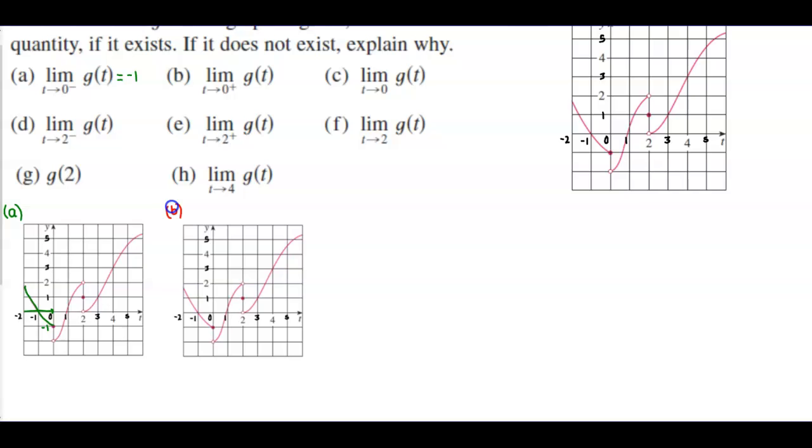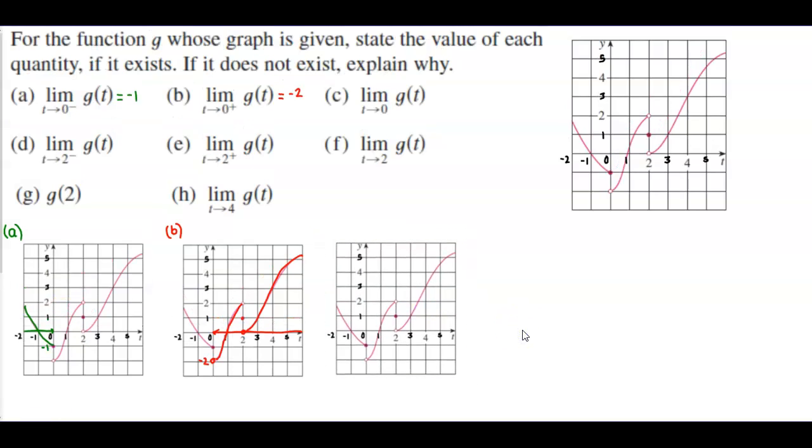So for part B, as we are approaching 0 from the right, we can see the function goes to here, and then it's undefined, and then it comes up here, and it starts up here, and now it's going to what value? Well, it's going to this value here located at -2. So therefore, this limit is approaching -2.